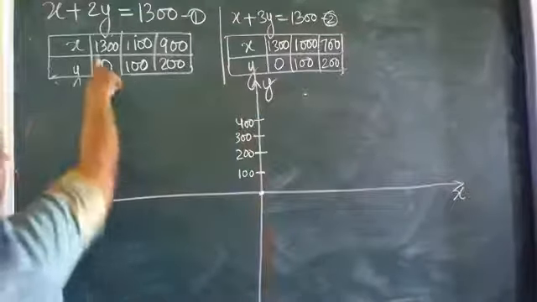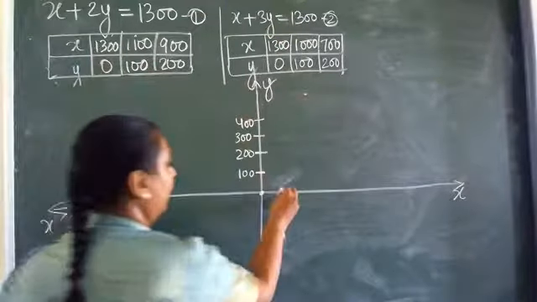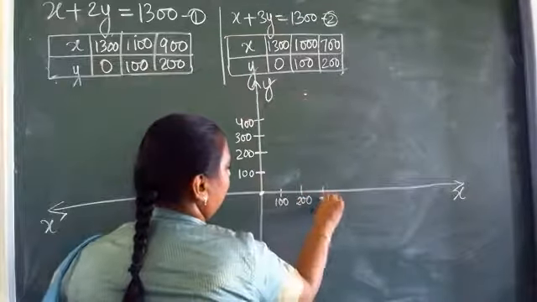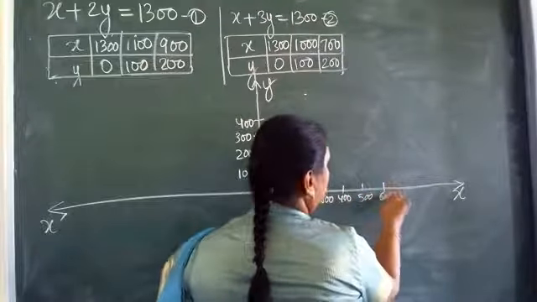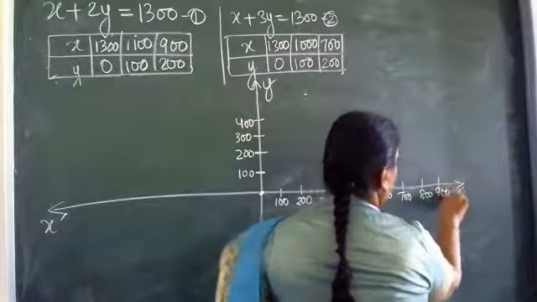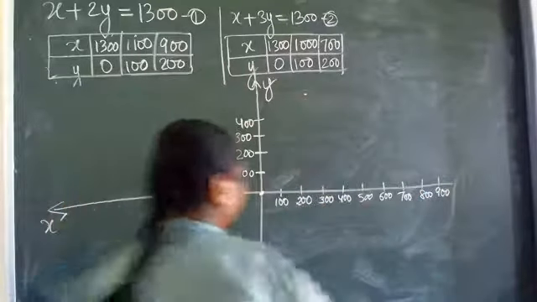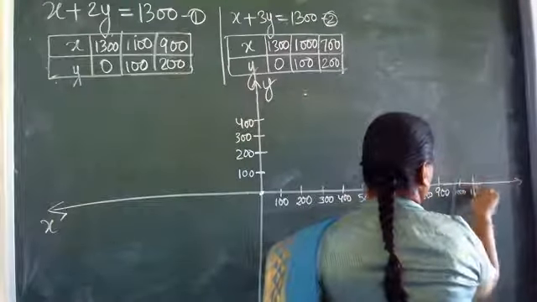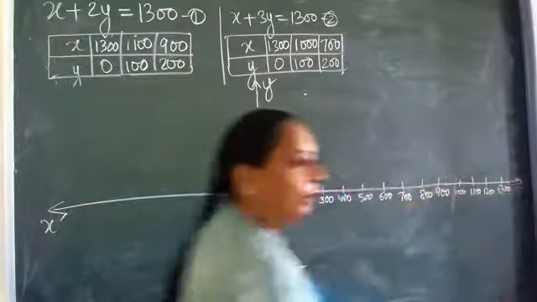Now on the x-axis the maximum is 1,300, so we take a gap of 100 here also: 400, 500, 600, 700, 800, 900, 1,000, 1,100, 1,200 and 1,300.